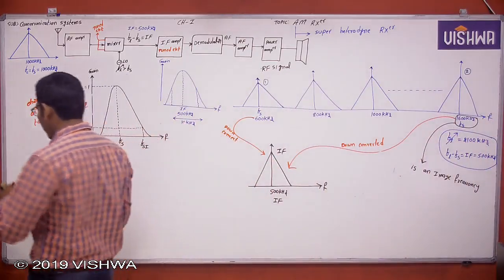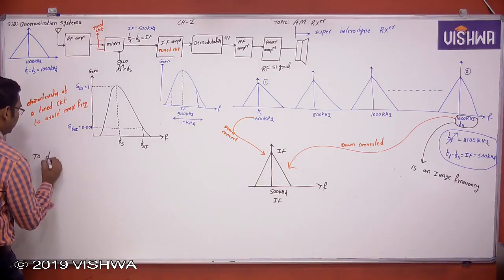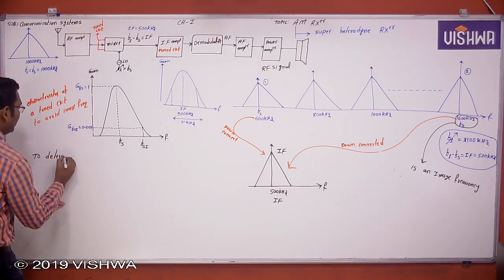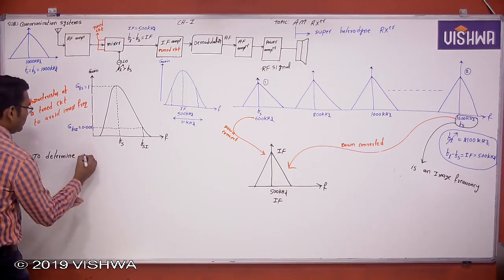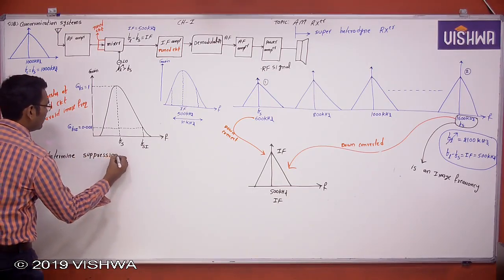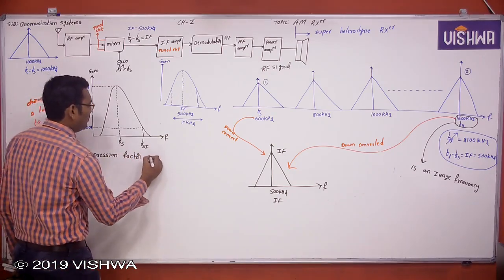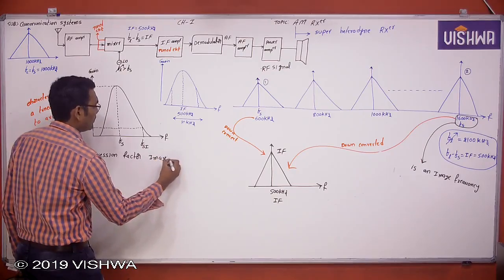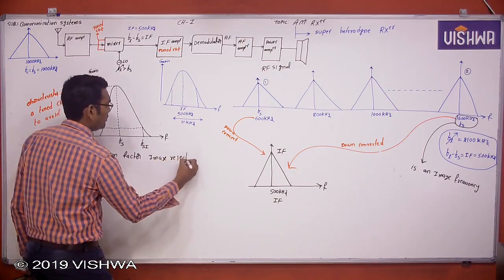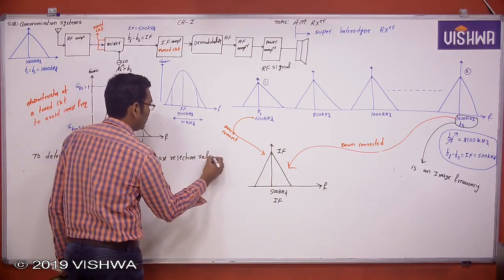Now, how to determine the suppression factor? To determine suppression factor, image rejection ratio is used.